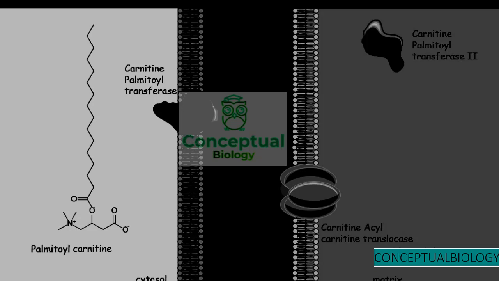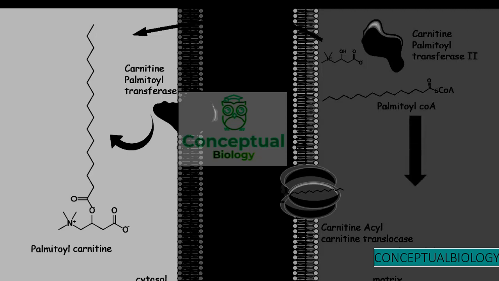And ultimately, using a carnitine acyl translocase channel, the palmitoyl carnitine gets inside the mitochondrial matrix. Now with the help of carnitine palmitoyl transferase 2, the palmitoyl-CoA is released and the carnitine molecule is recycled back to the cytosol. Now the palmitoyl-CoA, which is inside the mitochondrial matrix, is the starting material for the beta oxidation process.